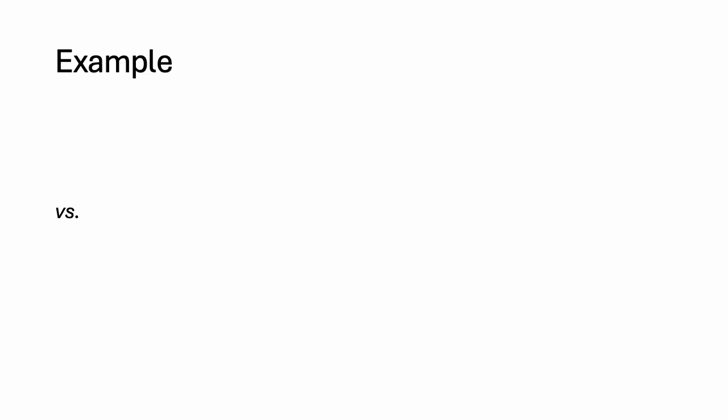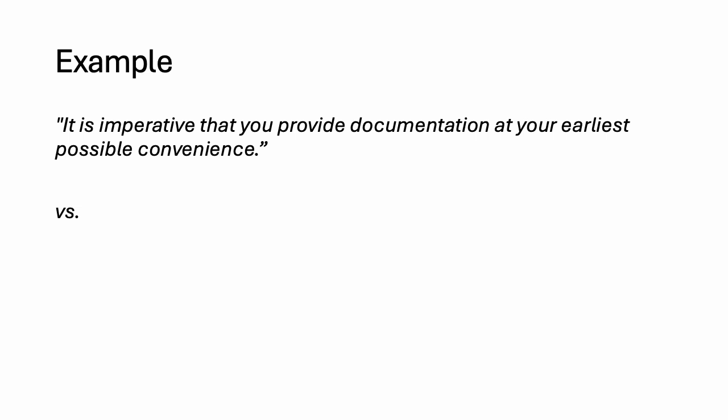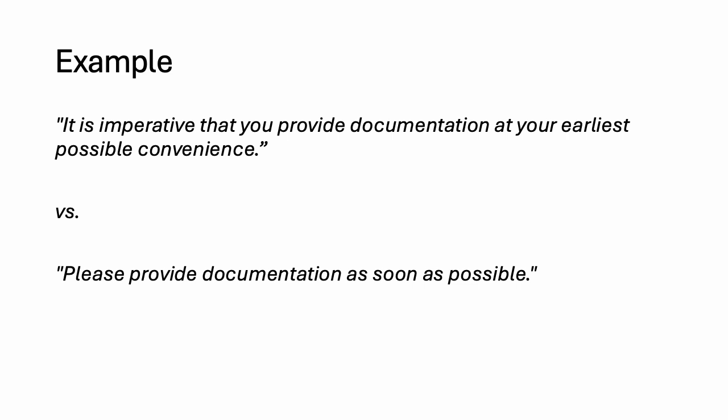Let's look at an example. "It is imperative that you provide documentation at your earliest convenience" versus "please provide documentation as soon as possible." Again, they say the same thing without all of the other words that basically do nothing but could add confusion.